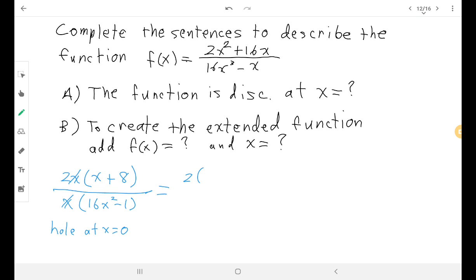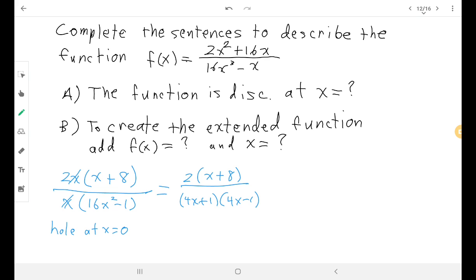So now I'm going to go on with it. So now I've got this, and then this is actually a difference of squares. 4x plus 1, 4x minus 1. And so I could think about how I might get 0 for each one of those.